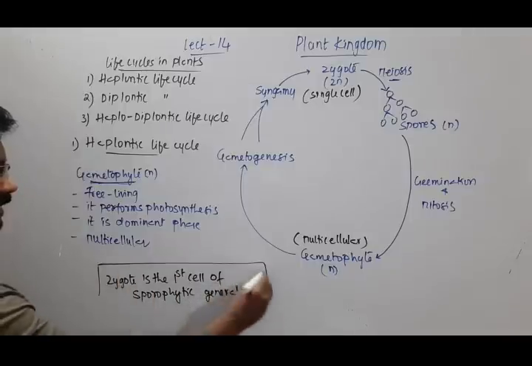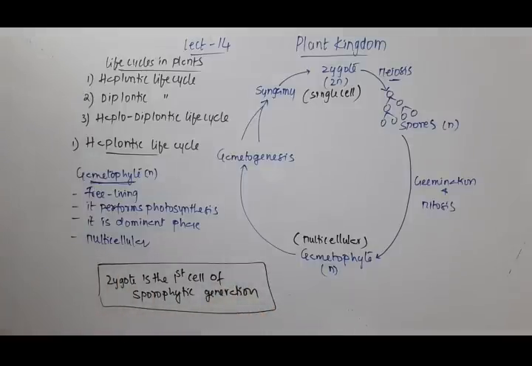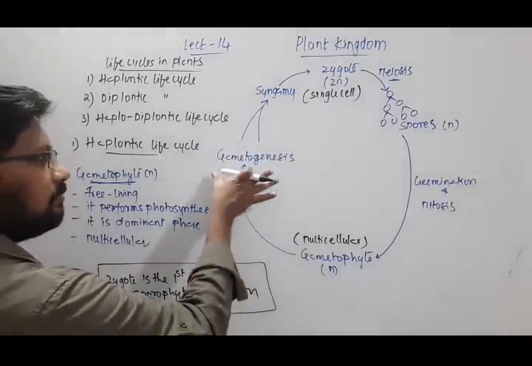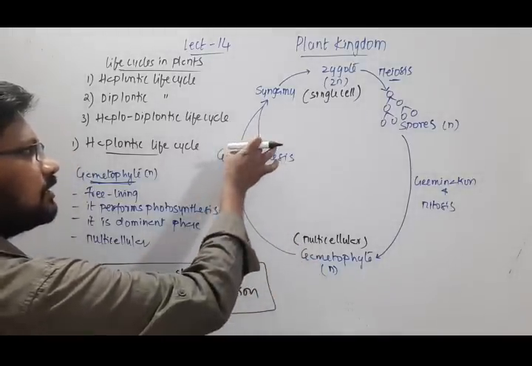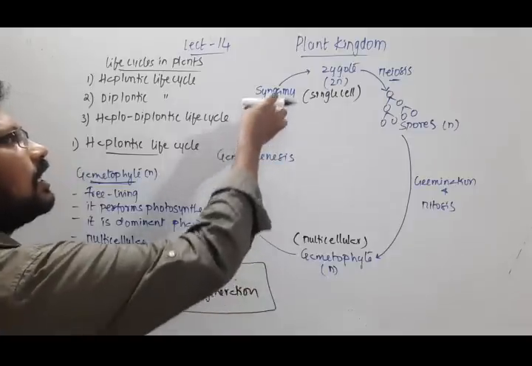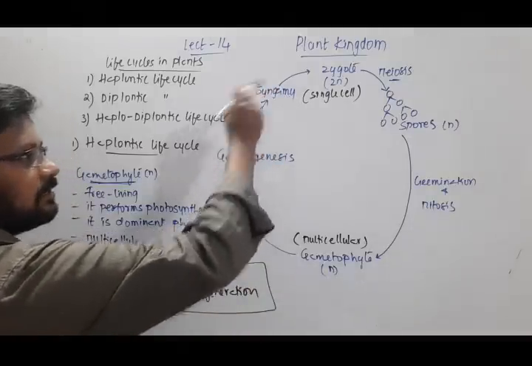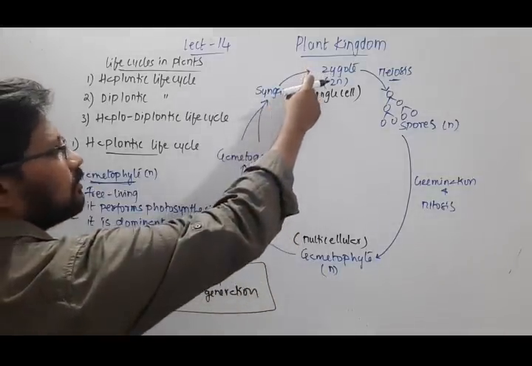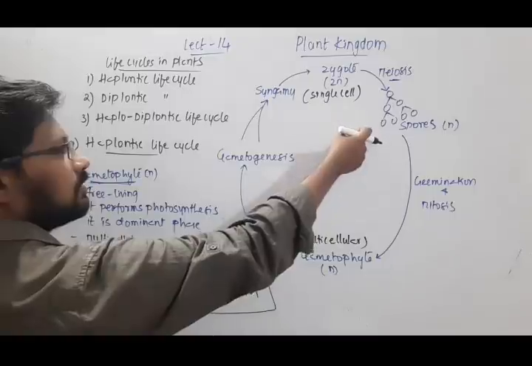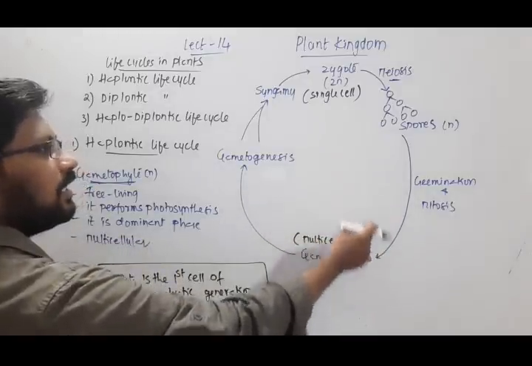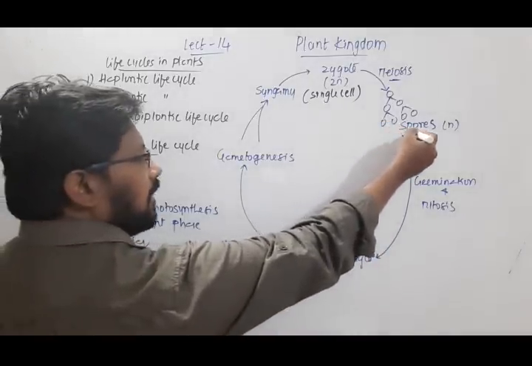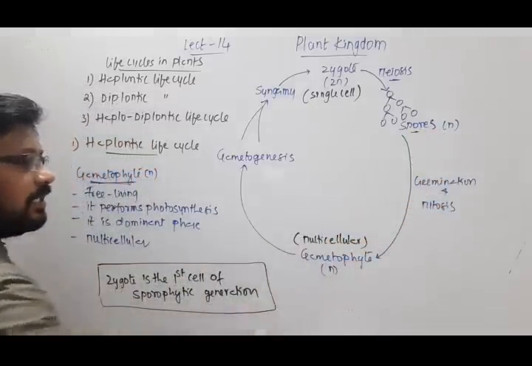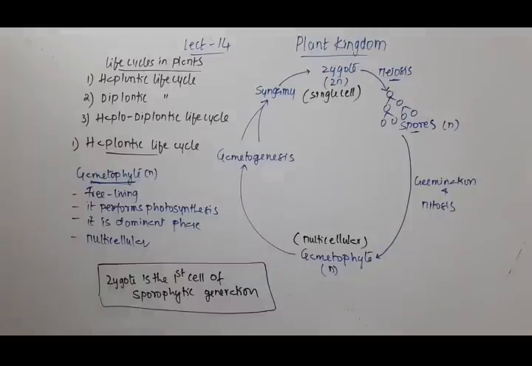The gametophyte, by gametogenesis, produces male and female gametes, which unite in fertilization or syngamy and result in the formation of the zygote. The zygote undergoes meiosis and results in haploid spores, which germinate and undergo mitosis to give rise to the multicellular gametophyte.